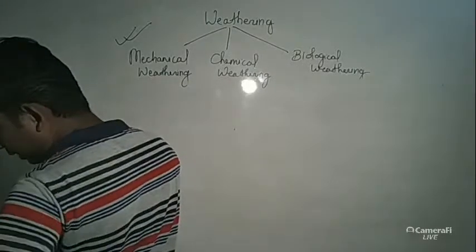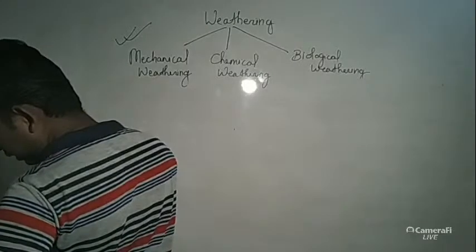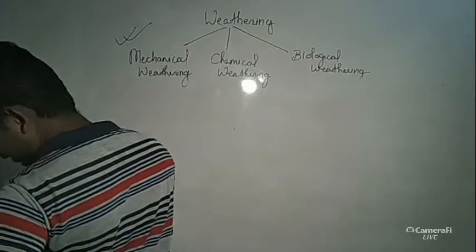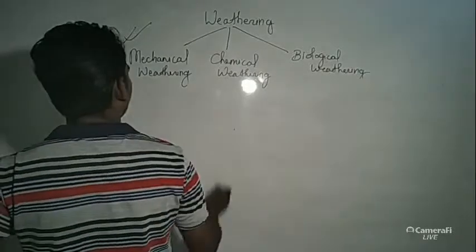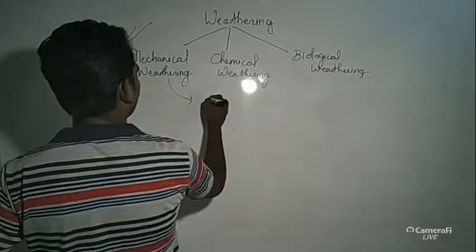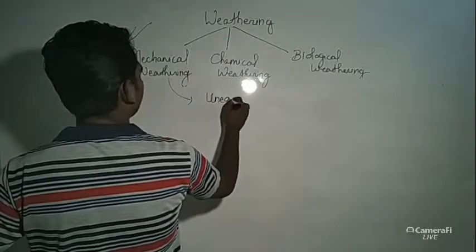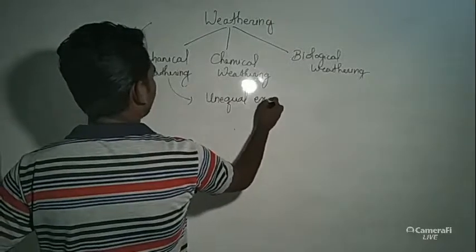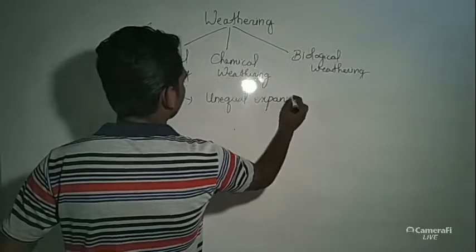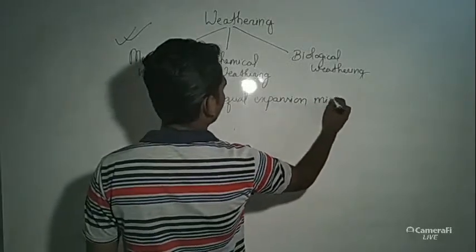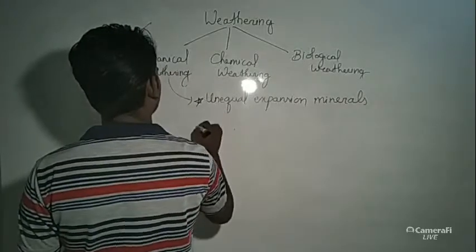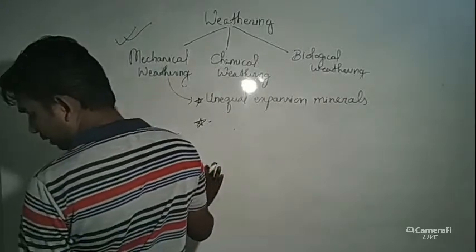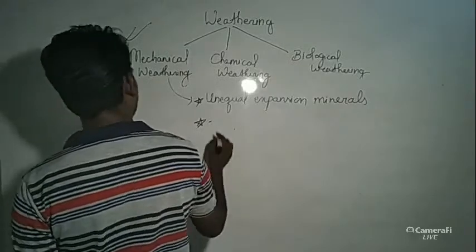See, granular disintegration is given by unequal expansion of minerals. Here one more point is given. The second point is due to the growth of crystals.